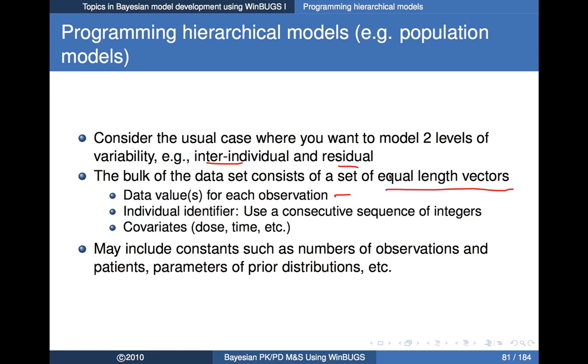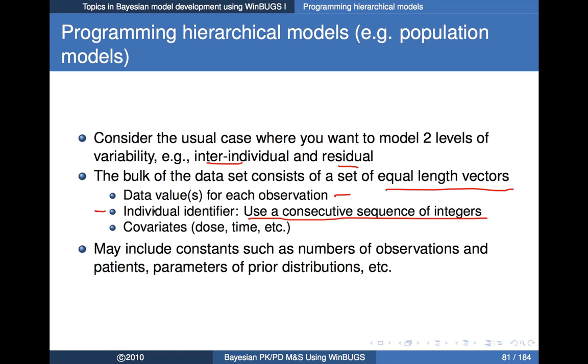That'll be like one of those vectors. Then there will be some individual identifier, like the ID variable in NONMEM, but we're going to put a particular restriction on it, and that is that it has to be a consecutive sequence of integers beginning at 1, because we're going to take advantage of that as an index within our model.